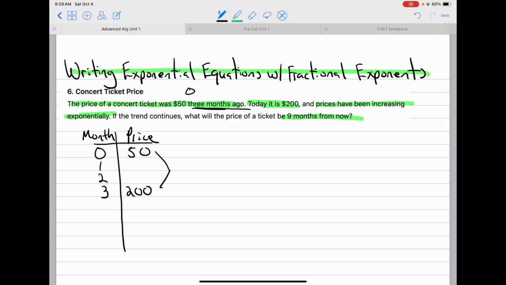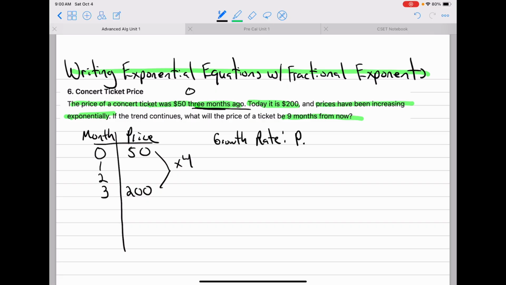So we know that 50 times 4 is 200. Okay? So we know that that's right? So we see that the price doubles, or not doubles, it quadruples. It multiplies by 4 every 3 months. So we're going to write the growth rate and write that out.